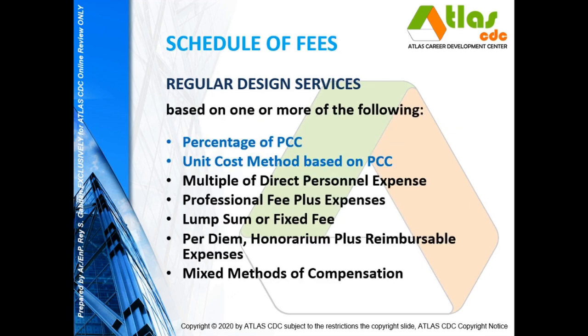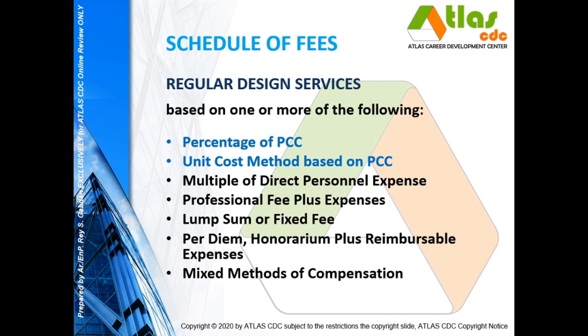For the regular design services, it is based on one or more of the following. You now have the percentage of project construction cost. This is the most common type used for regular design services under document 202. But you can also employ now the new method, which is the unit cost method based on the percentage of construction cost.